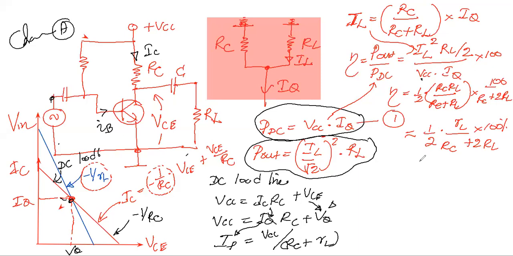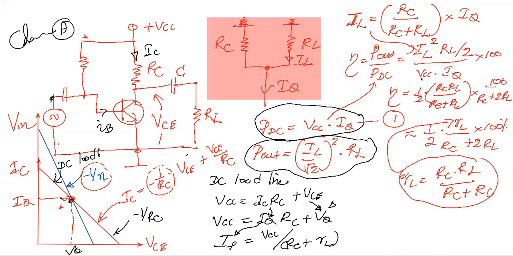Now we will try to maximize this. Keep in mind that you can substitute RL equal RC into RL divided by RC plus RL. This simple RL you can write down something like that. I just substitute this term with this RL.